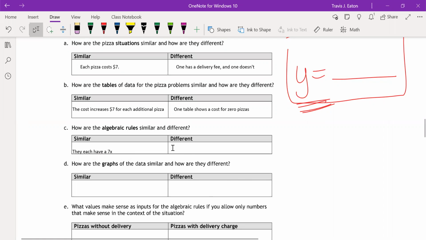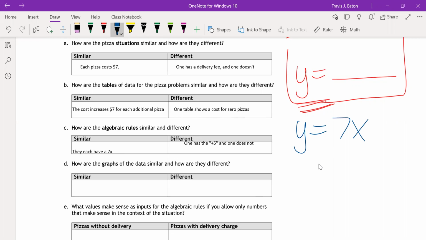Well, one has that plus 5 going on, where the other one does not. Because remember, we had the 2 algebraic rules: y equals 7x, that was without the delivery charge, and then with the delivery charge was y equals 7x plus 5. Okay.